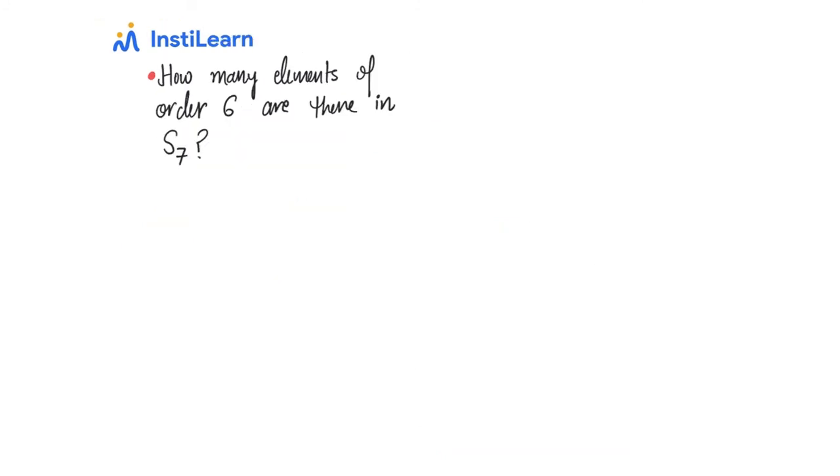Okay, so let's look at a different problem which asks how many elements of order 6 there are in S7. We can solve this kind of problem using the conjugacy class concept.